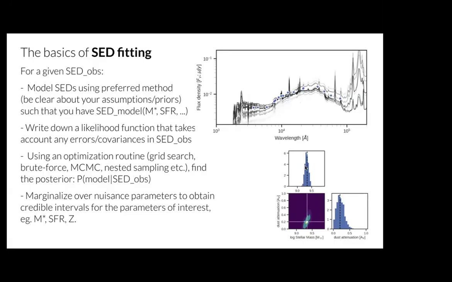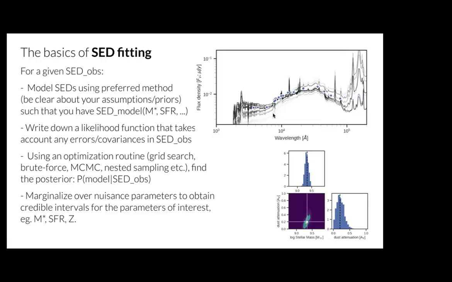And so then you not only get these individual parameter estimates, but you also get this thing called a covariance, which is saying that this is my optimal answer given the data, but an answer where both the mass is higher and the dust is higher is also okay, right? Because if my mass is higher, my overall spectrum shifts up. And if my dust is higher, just the blue end shifts down.